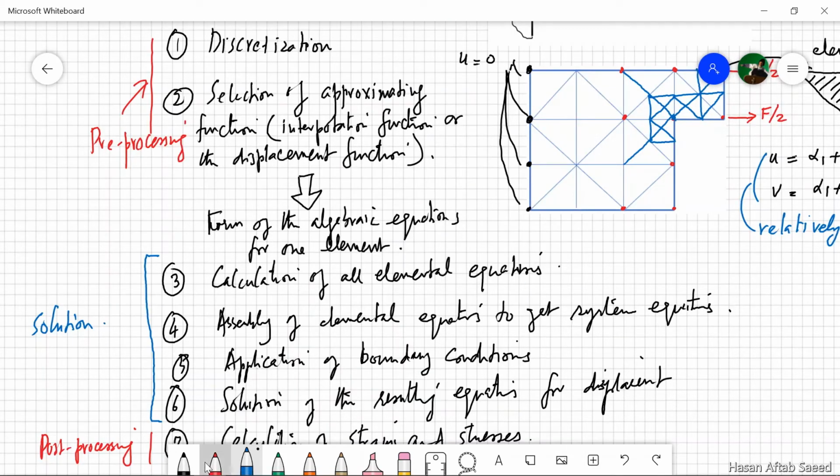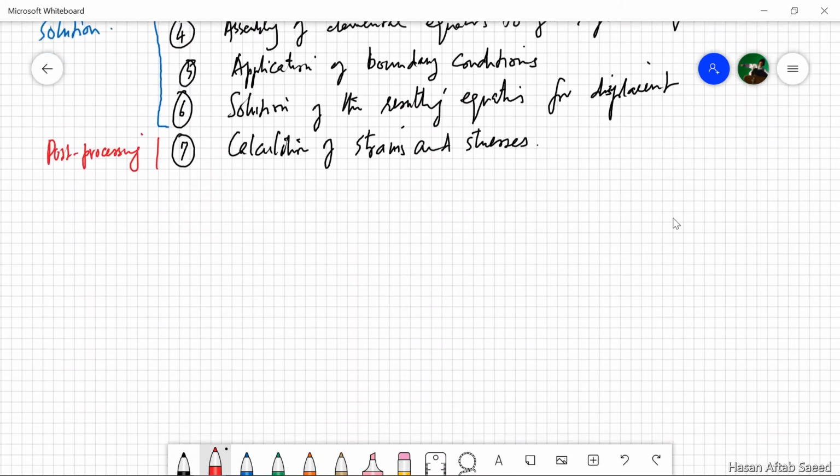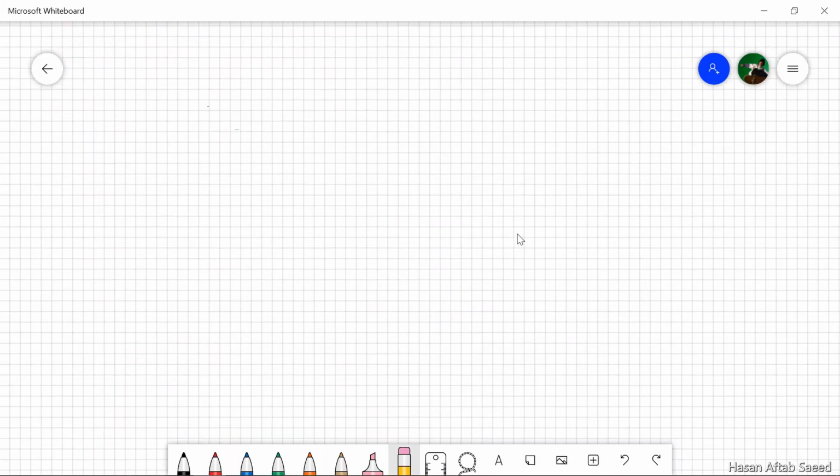Now number 2, which starts with selection of an approximating function and ends with the form of the algebraic equation that fits that particular element. For that purpose, let's take up a simple 1D element that mimics this type of body.